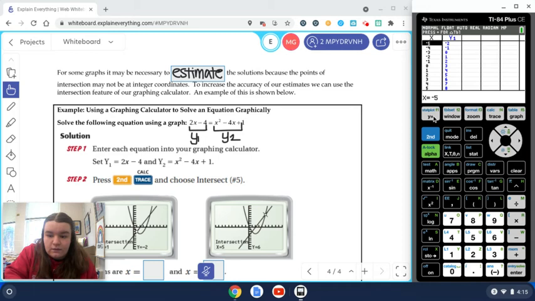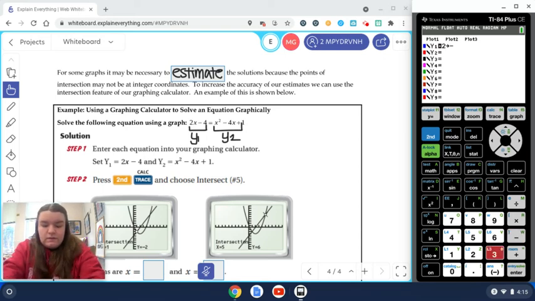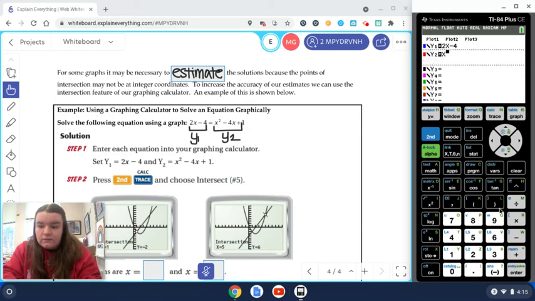So in order to do that, you would click y equals on your calculator, clear out anything that's there, and I would type 2x minus 4 for y1, and then in y2, I would put x squared minus 4x plus 1. So I have one half of my equation in y1 and the other half in y2.